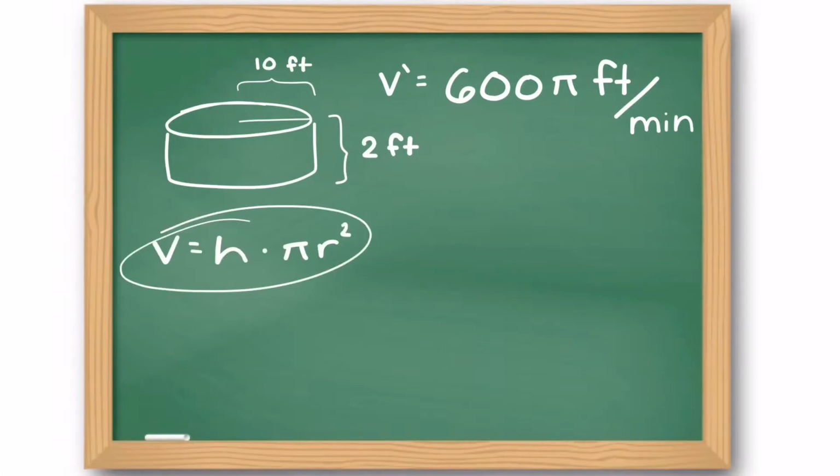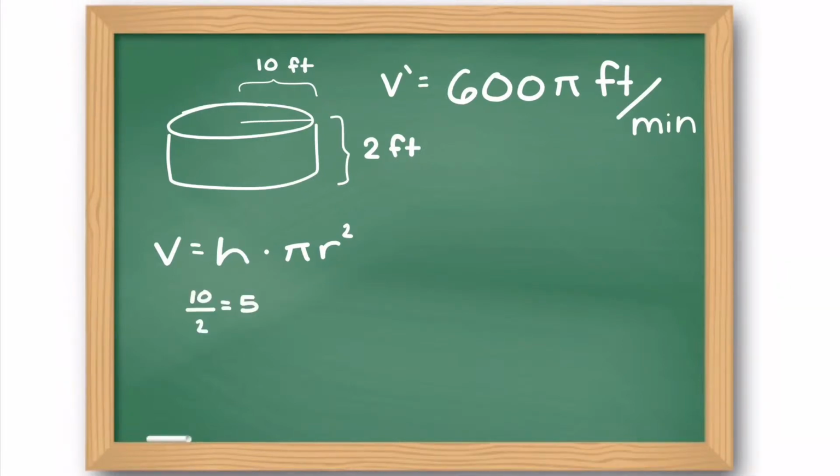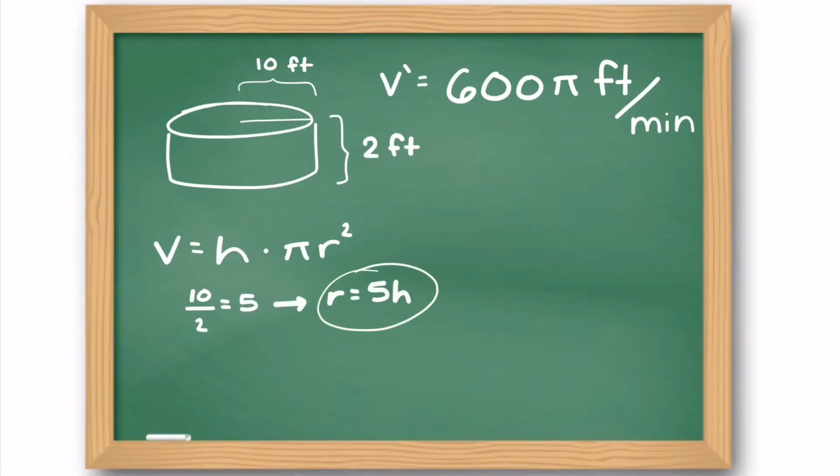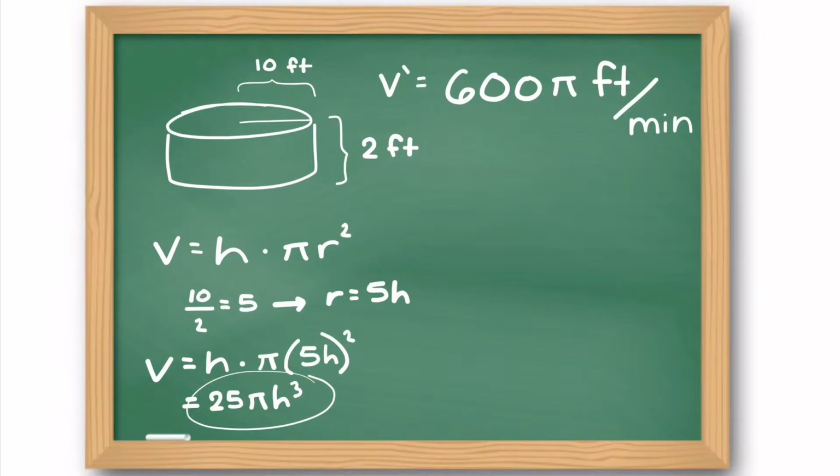With these values, we need to find the rate of the water level's height in the pool, which means we need to know the volume equation, which is V is equal to the height times pi r squared. From here, we need to relate the height and the radius. In this case, we know that the height is 1/5 of the radius, which means r is equal to 5h. This is then plugged into the original equation to get 25 pi h cubed.